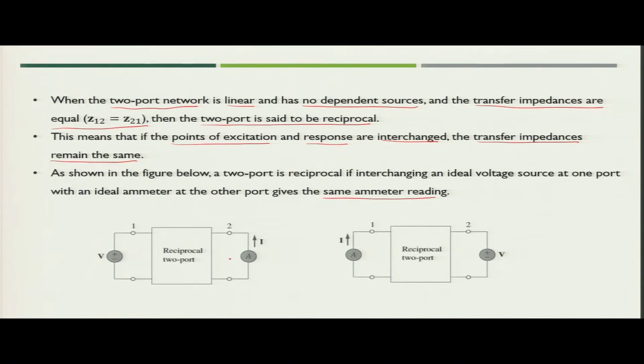So, in that way you can say that the circuit is a reciprocal circuit, and the conditions we have to verify are, first, that it has to be linear with no dependent source, and then the transfer impedances should be the same, that is Z12 should be equal to Z21.